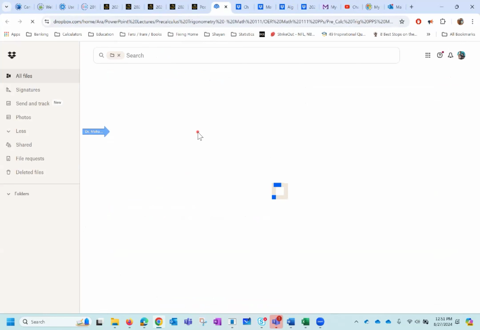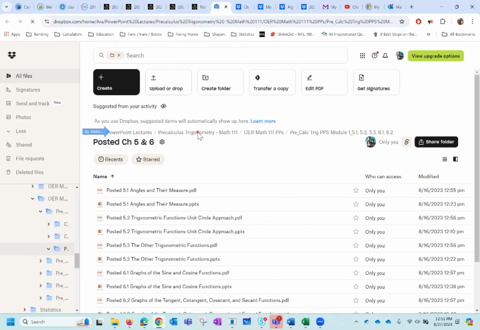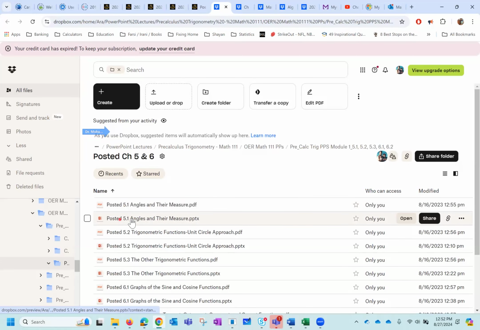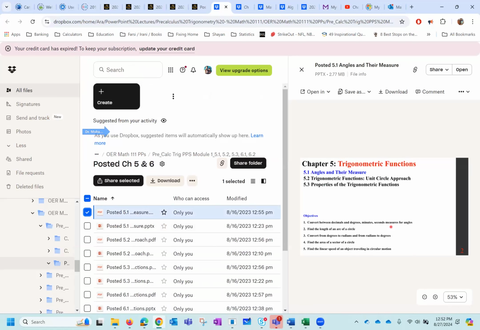Now, the next one is where you find the PowerPoints. When I go over the lecture, these are posted in the form of a PDF file or PowerPoints. If I, for example, click on that, you have these PowerPoints that we are going to lecture on.